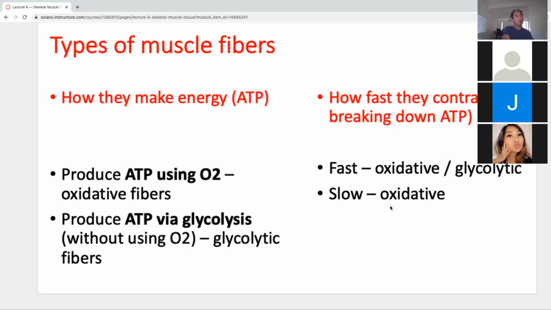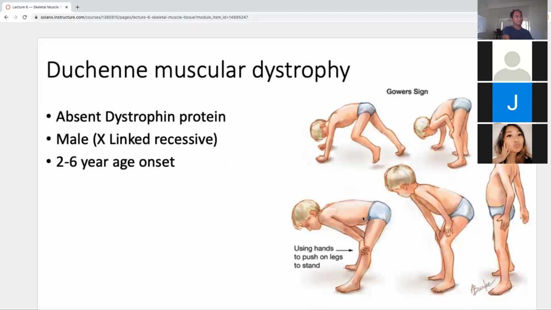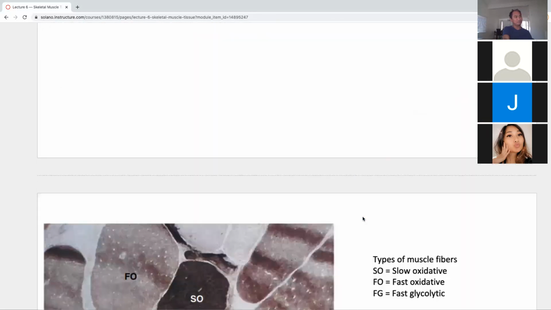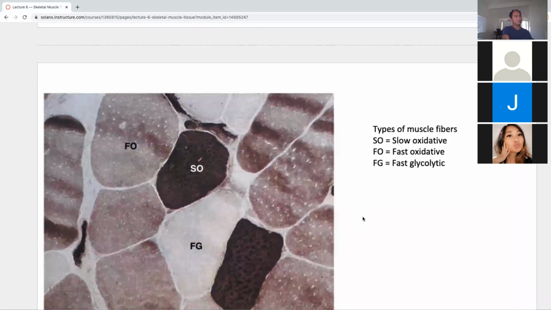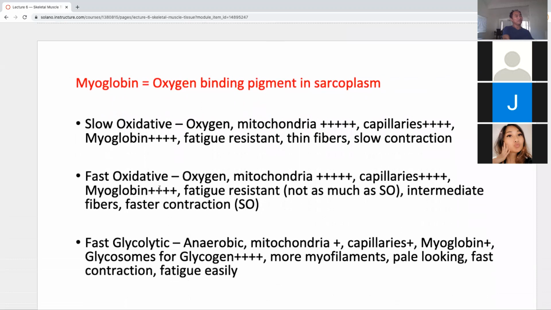So the slow oxidative fibers use oxygen. They need to have lots of mitochondria. Only then they generate a lot of energy.